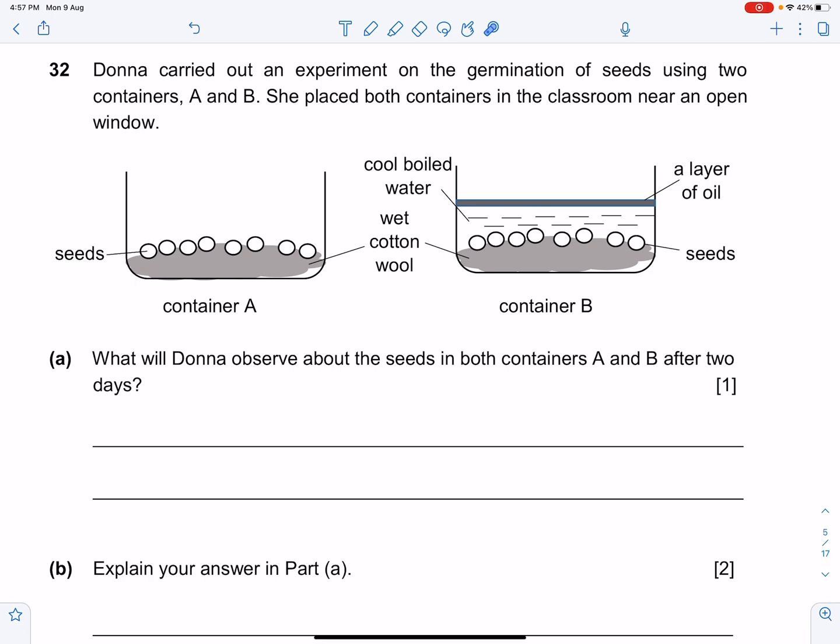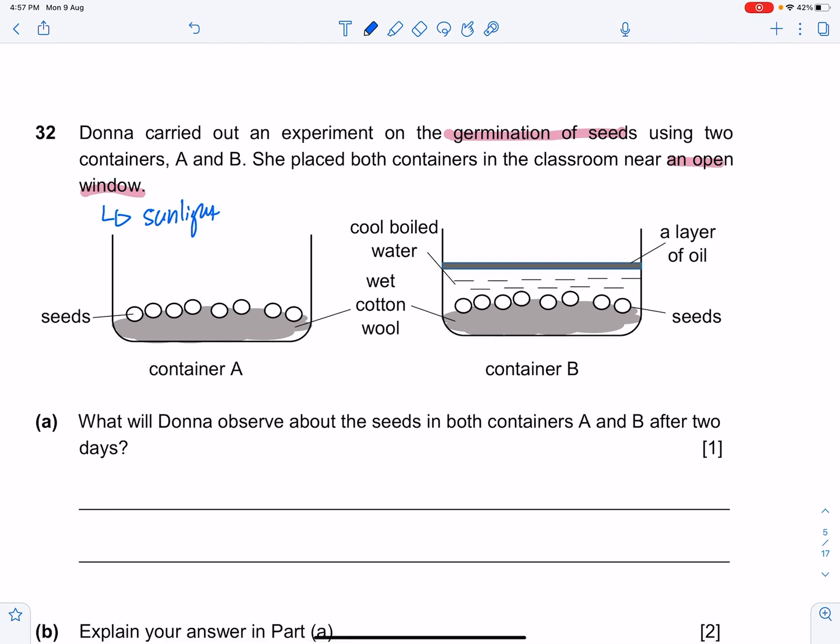Right off the start, I see words like germination, and near an open window. An open window signifies that there is sunlight. And germination of seeds could signal that it's talking about reproduction in plants, specifically on the topic of germination. When I see germination, I think of factors affecting rate of germination, that could be my WOW factors, which I will talk more about in a while.